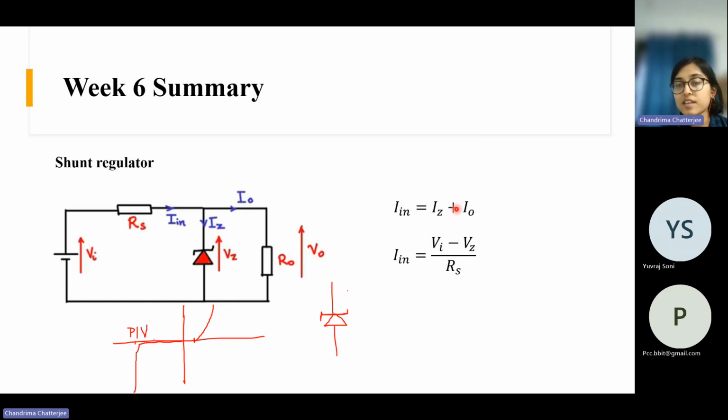So IN is the summation of IZ and I0, right? And again, IN we can express like this: the input voltage Vi minus Vz, where Vz is the voltage across the Zener, divided by Rs, this series resistance. IN can be expressed in this way also. Okay. So this is a shunt regulator circuit.